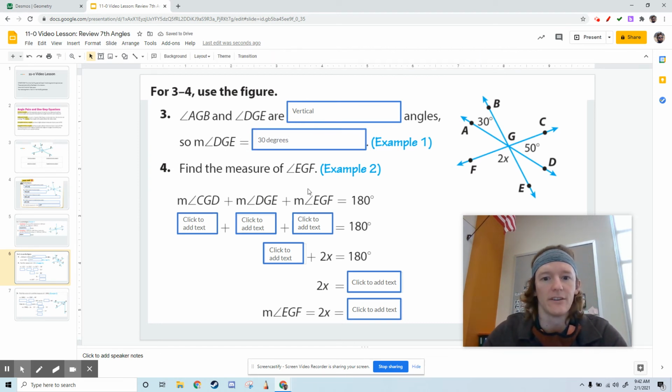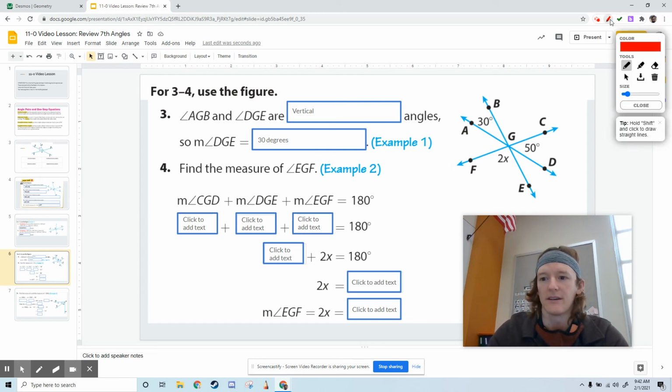Number 4, we need to find the measure of angle DGF. So we have angle EGF. We need to figure out what that measurement is. We know the measurement of CGD, well, that's 50.